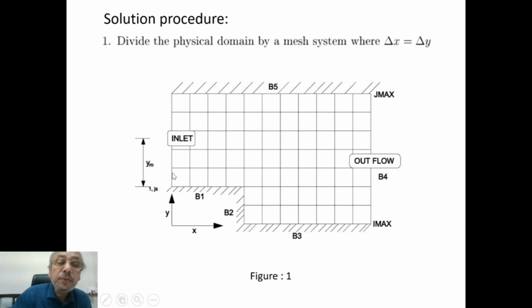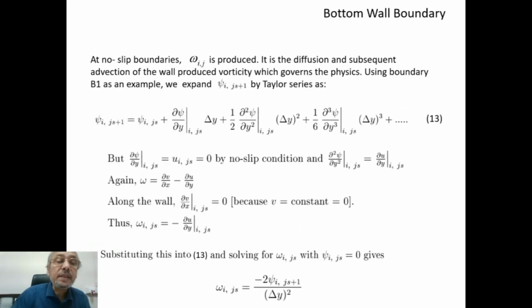There we wrote psi I js plus 1, which we express in terms of psi I js through a Taylor series.